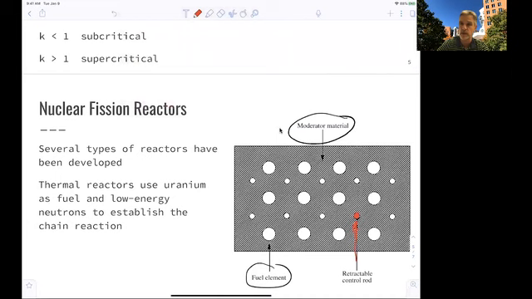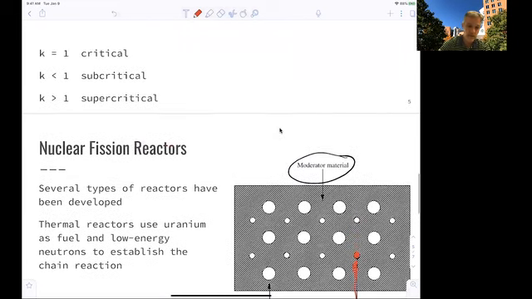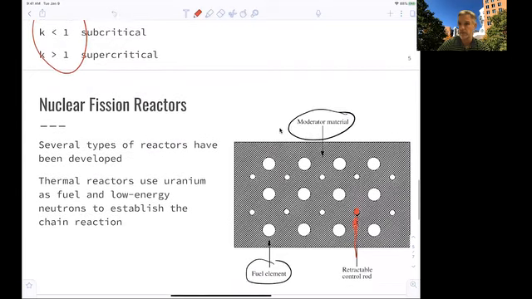So what you're trying to do is control this number k here, control whether or not there are enough neutrons available to sustain the chain reaction. And then the excess energy is converted into heat. You can, for example, heat up water and then have a turbine run in order to produce energy.